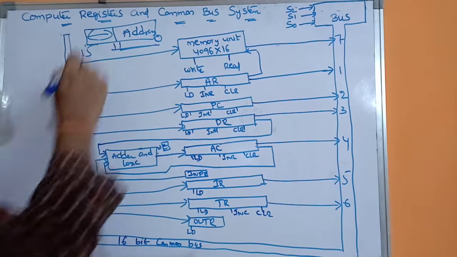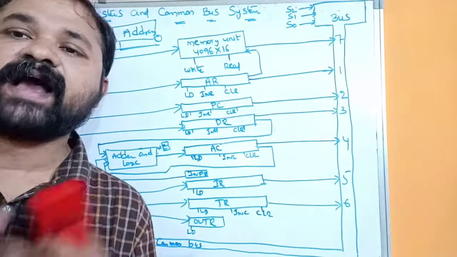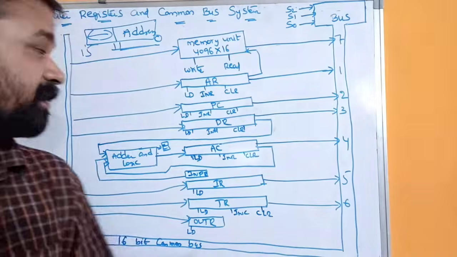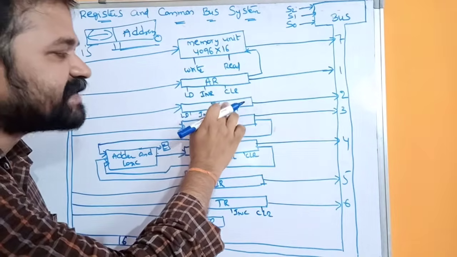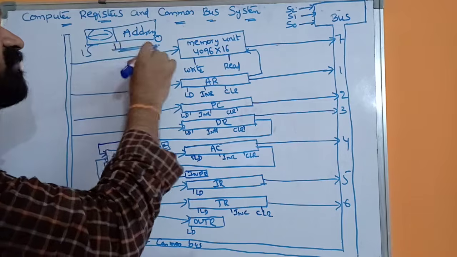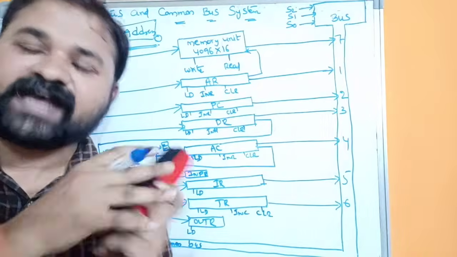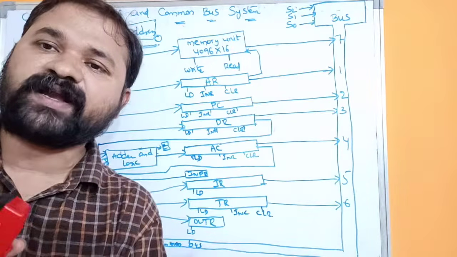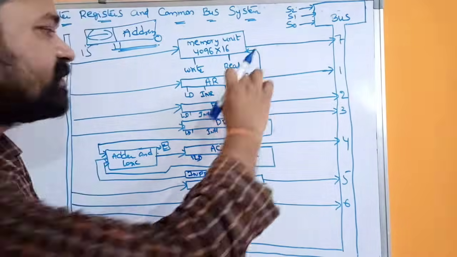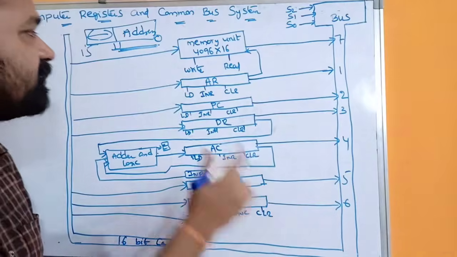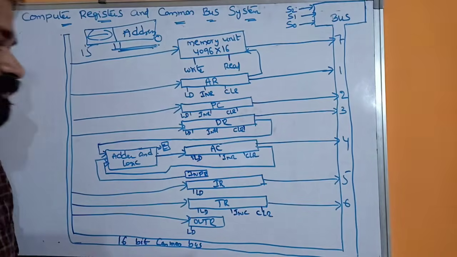The remaining bits specify the operation as well as an indirect bit. So the size of the address register and the program counter is 12 bits. Why? Because the address register stores the address of the operand, and the program counter stores the address of the next instruction. So these two store addresses, so the size is 12 bits.